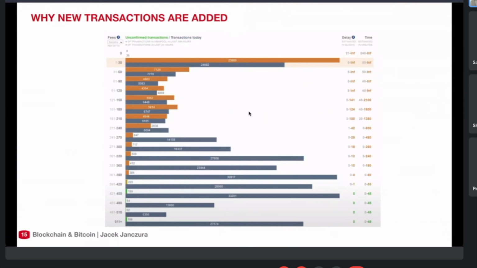Okay. So you've seen when I sent some Ethers that there was something called a transaction fee. There is a graph that shows the estimated time per transaction fee in a Bitcoin network.